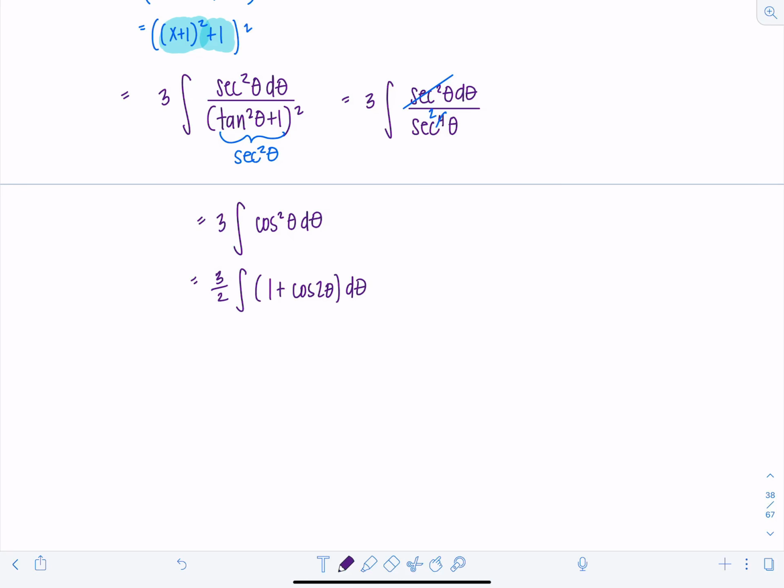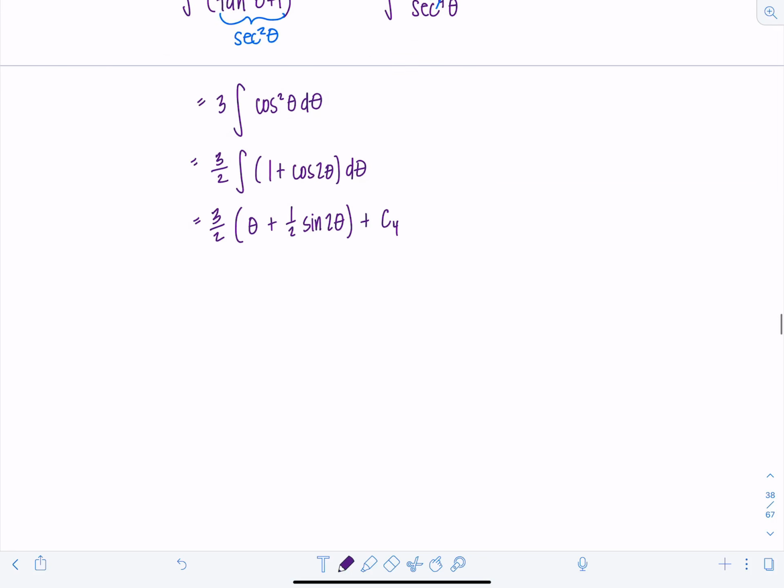Now let's go ahead and antidifferentiate. So this is going to be 3/2 times theta plus, got to divide by that 2, so 1/2 sine 2 theta plus, you guessed it, C4. And then let's distribute that 3/2, so now I have 3/2 theta plus 3/4.